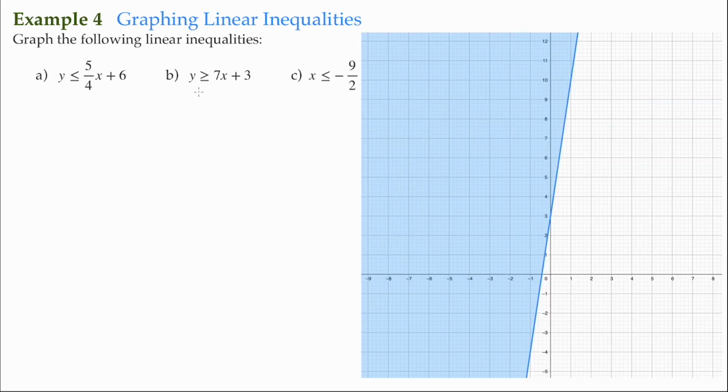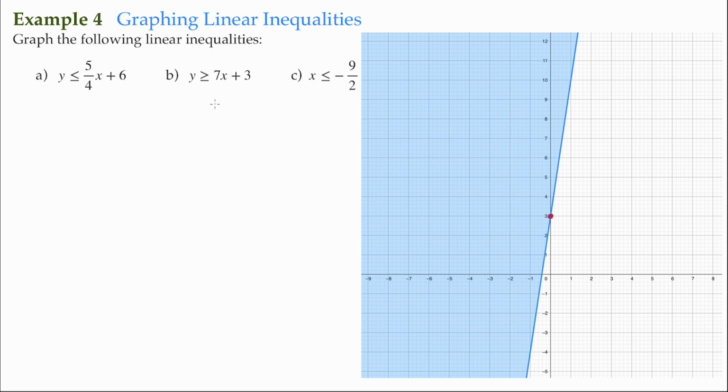So B has y is greater than or equal to 7x plus 3. And here is the graph again that I generated from the program within the text. We can see that here is our y-intercept of 3. So our boundary line goes right through at 3. Our slope is 7.